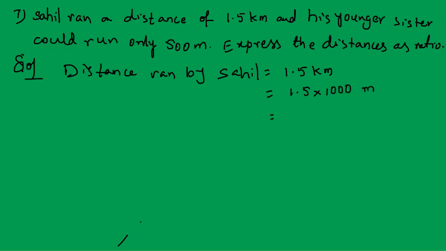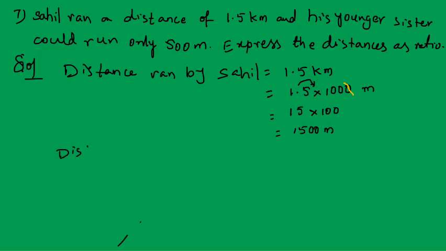When we multiply by zeros, the decimal goes to the right, as many places as there are zeros. Here after the decimal we have only one digit, so the decimal goes one place to the right and one zero is cancelled. So the number becomes 15 into 100, which is 1500 meters. This is the distance ran by Sahil.